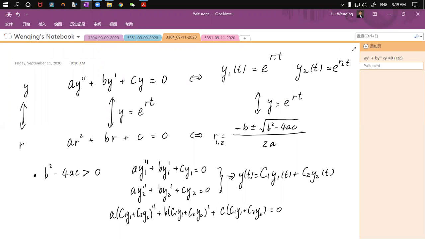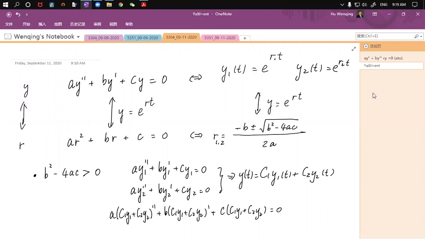As long as you have the initial conditions, you can use them to determine a unique solution of your problem.